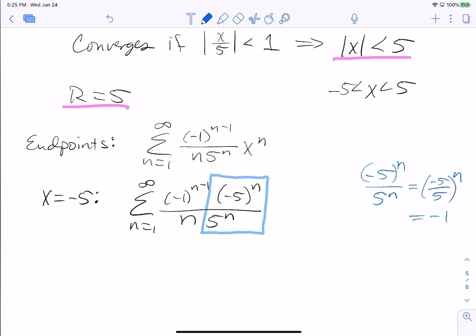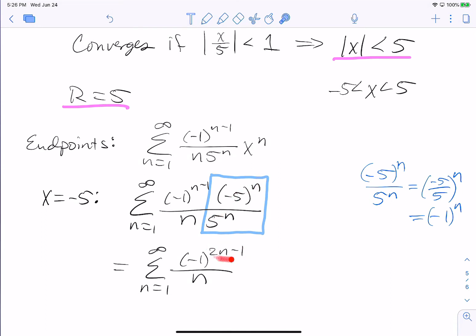That becomes negative 1 to the n. That combines with the other negative 1 to the n minus 1. This then becomes the sum as n goes from 1 to infinity of negative 1 to the 2n minus 1. You see the negative 1 to the n minus 1 and the negative 1 to the n's add, and we get 2n. The denominator is simply n because we already dealt with the 5's.